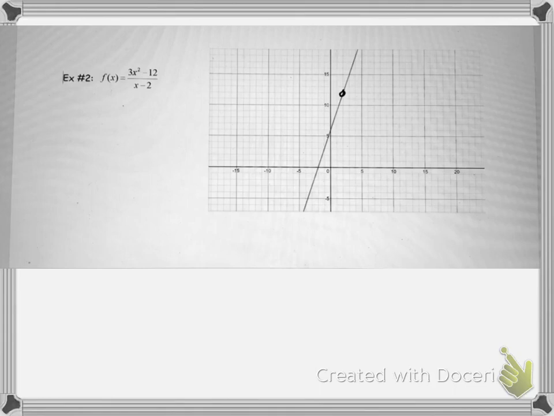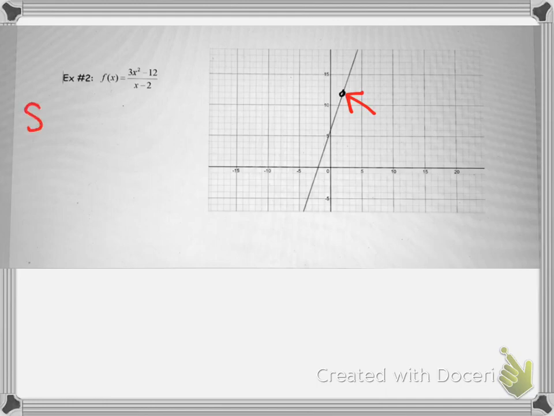In a calculator, the only place you're going to see that hole is in the table. You're not going to see it on the graphing screen if you graph these things in a calculator. So you have to be able to figure out that it's there. But if you look at the rest of the graph, it looks awfully simple. There's no other breaks in the graph. It looks like a line. And there's a reason for that.